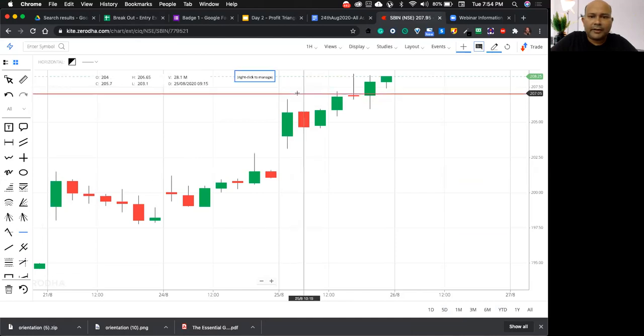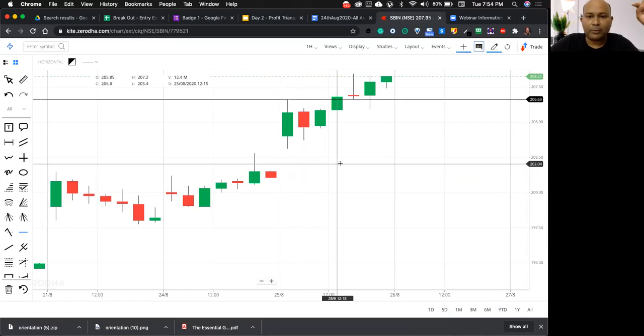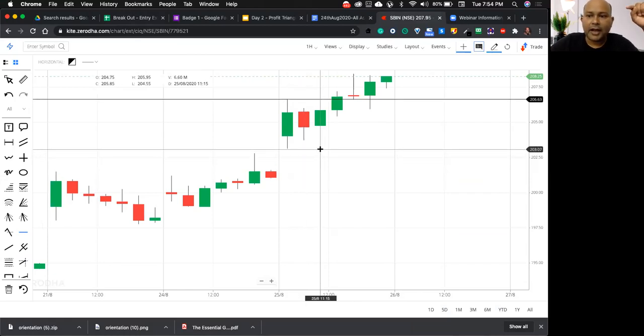If I enter at, say, approximately 206, after you buy there are two or three conditions. What can happen from where you have bought? It can continue to go up. If it goes up, that's a sweet spot for you.